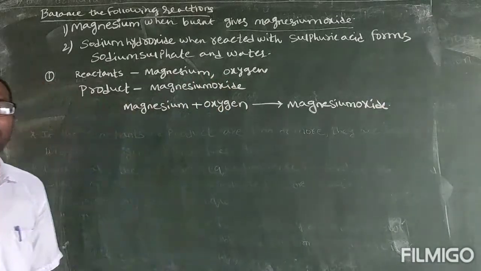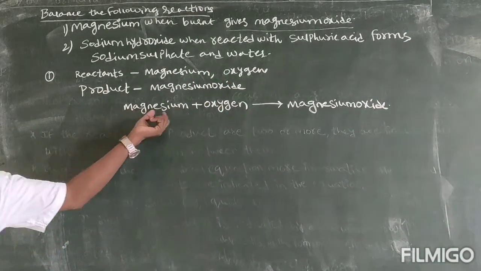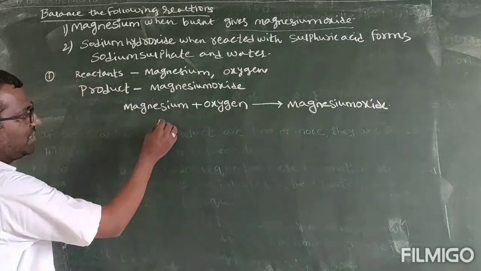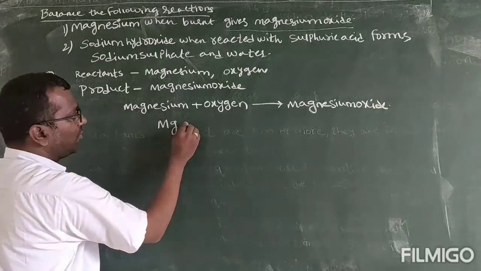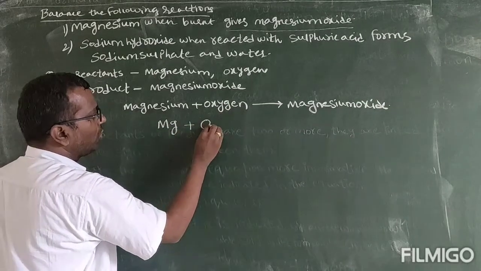Now next what we have to do? We have to write the formulas of these. So what is the formula of magnesium? Mg. And what is the formula of oxygen? O2.